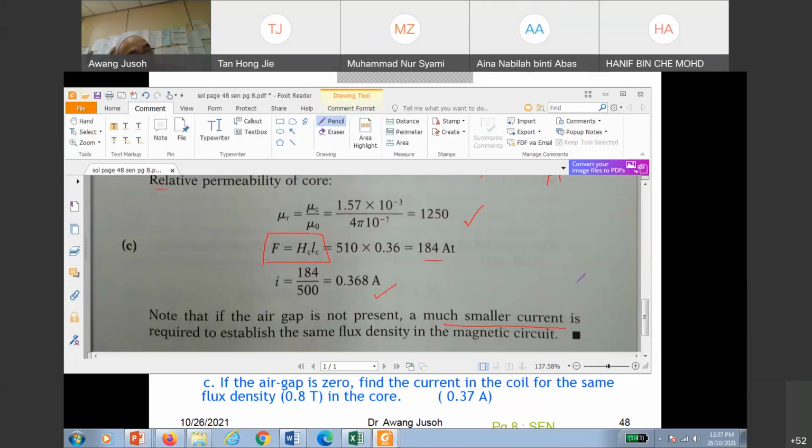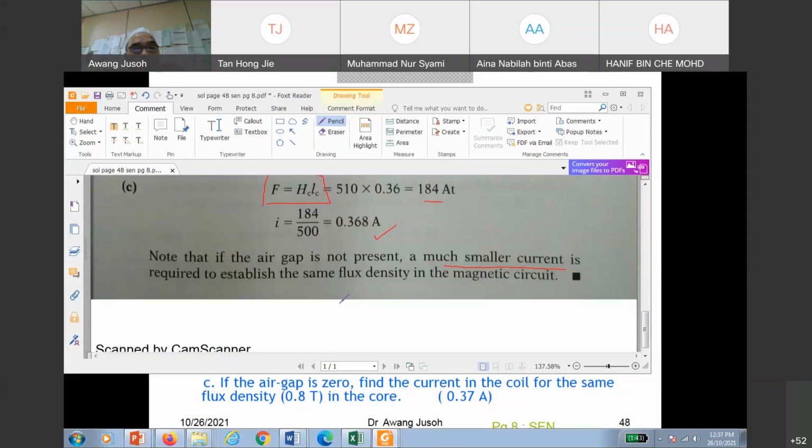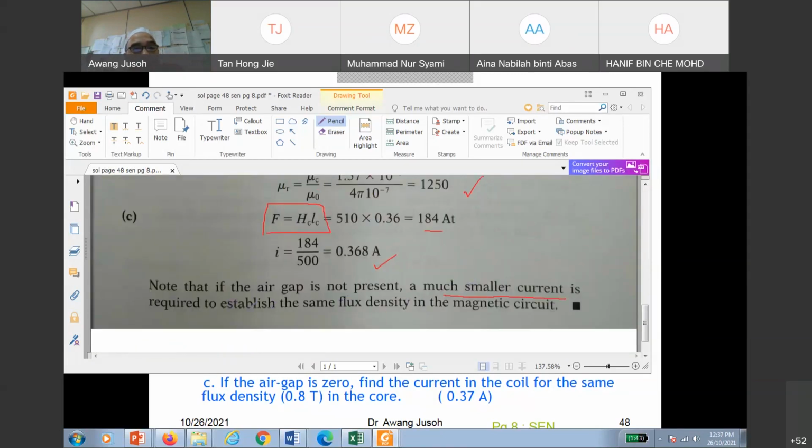That is one of the properties we can understand in terms of the relationship between current and flux density. So you see here, much smaller current is required to establish the same flux density in the magnetic circuit. And those are the properties of the magnetic materials in terms of flux density and Tesla. Okay, I think that is clear.